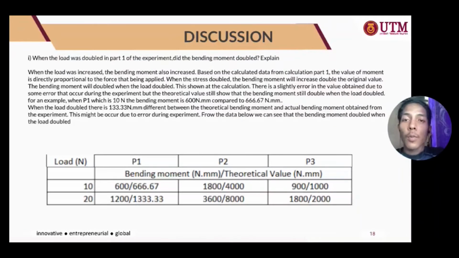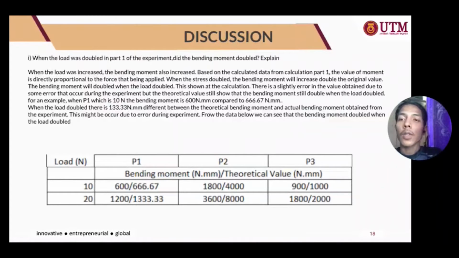My name is Muhammad RC bin Abdul, and I will continue with the discussion and conclusion part. For the discussion, when the load was doubled in part 1 of the experiment, did the bending moment double? Explain. When the load is increased, the bending moment also increases.